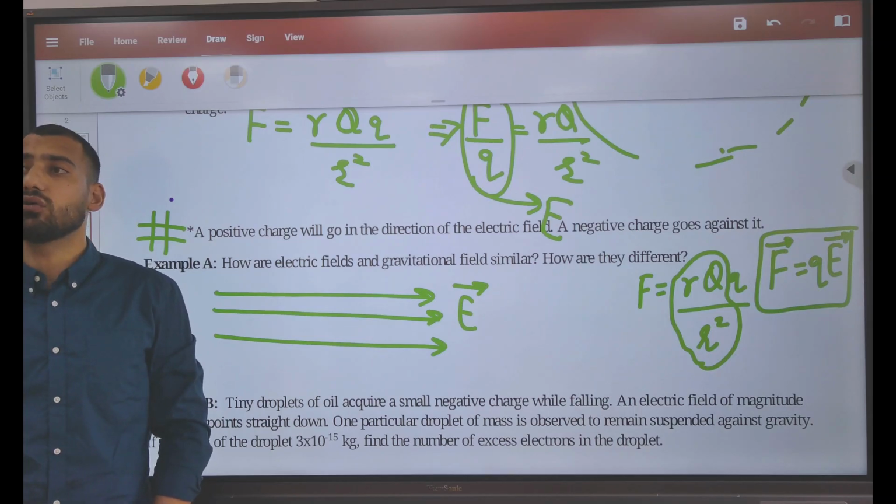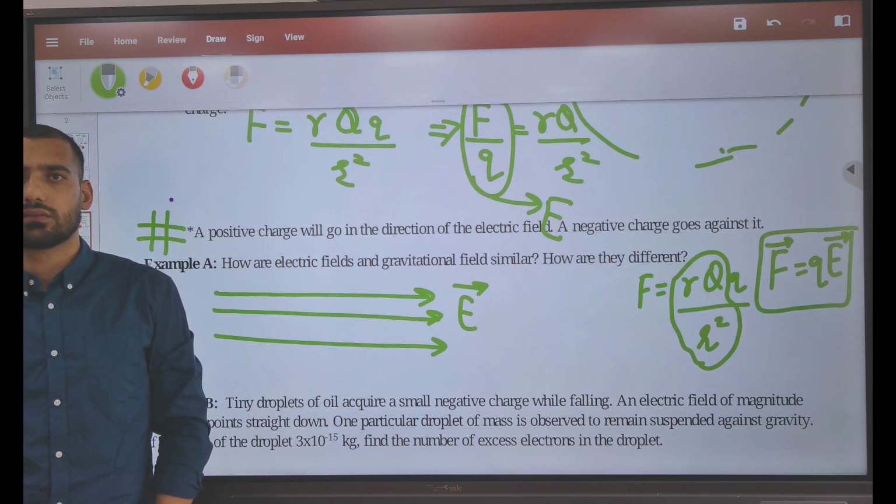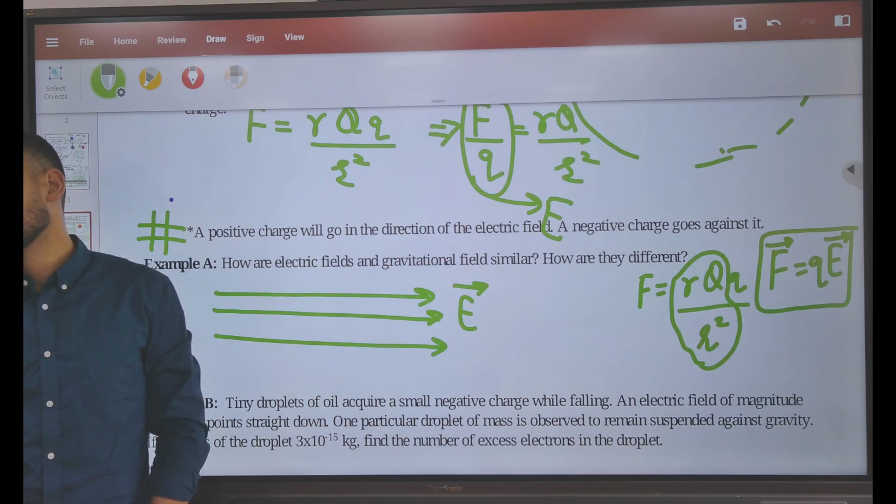Is there any doubt in this statement? If it's negative, force is applied against the electric field. Is that fine?